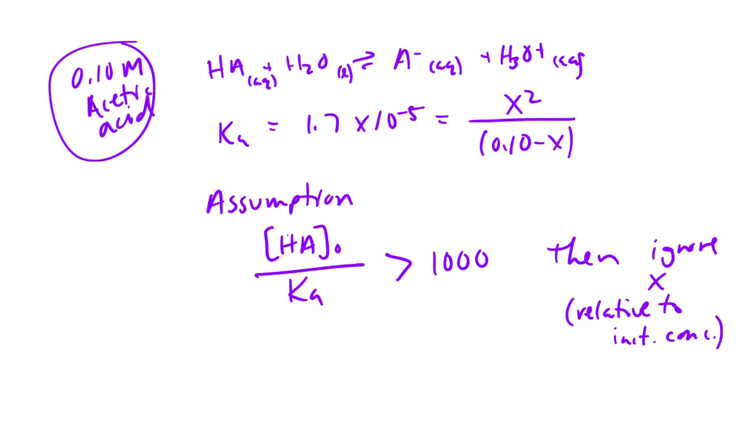We'll never be able to ignore the X squared. It has to be the X that is being added or subtracted to another value. Essentially, this X is so small compared to the initial value that if we subtract it, it doesn't make a difference to the number. Everyone okay with that?